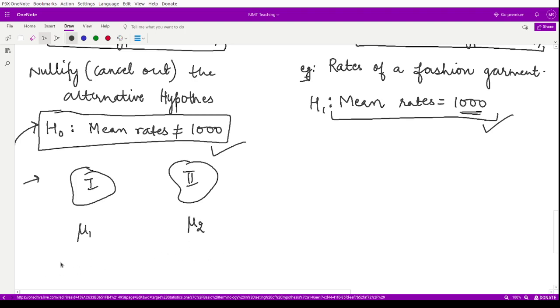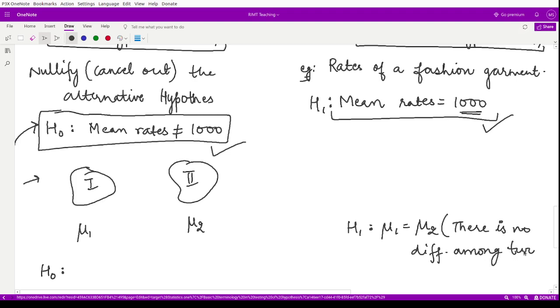Now we wanted to check whether these two quantities have the same means or not, whether there is any difference between these two or not. So in the alternative hypothesis, we will say that the means are equal to each other. That means there is no difference among the two varieties.